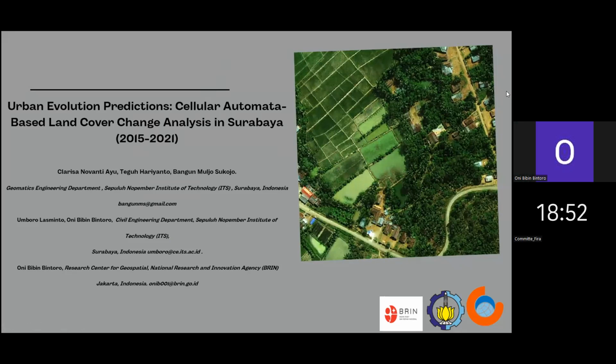My topic, urban evolution prediction, cellular automata-based land cover change analysis in Surabaya, 215-221.